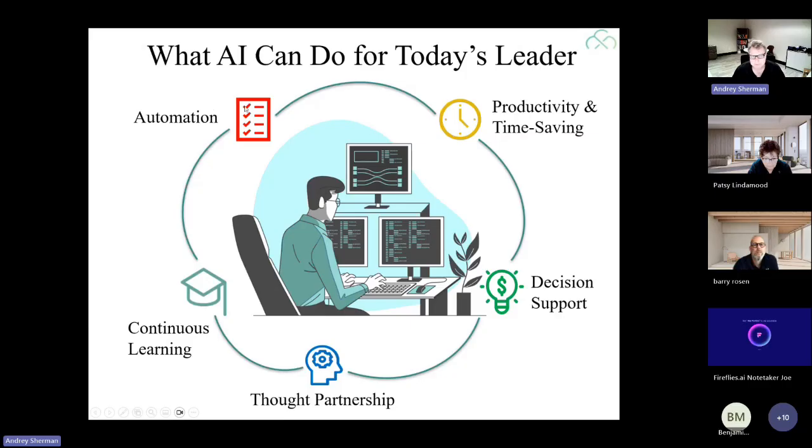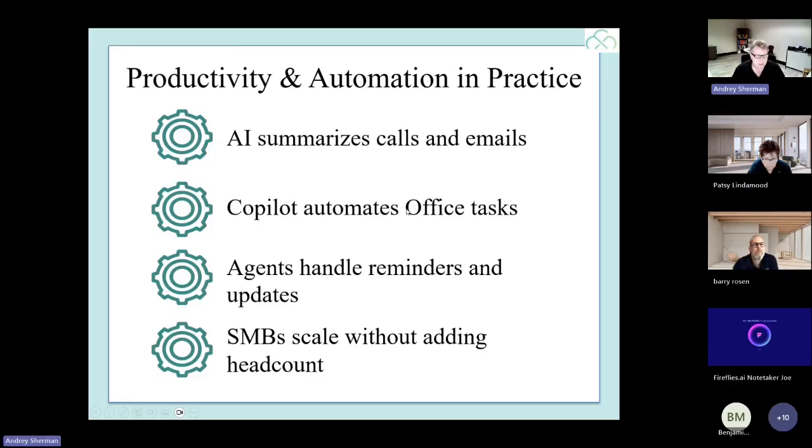So these are several things that AI can do for us. Automation is what Barry just covered, productivity and time saving was covered in the previous webinar, and this is going to be more about decision support, thought partnership, and continuous learning. This is a quick summary of what we talked about so far: summarize calls, automate tasks, and agents handle all the processes.